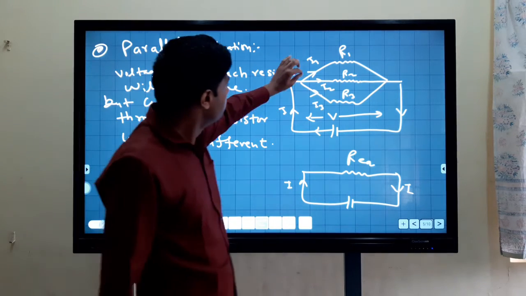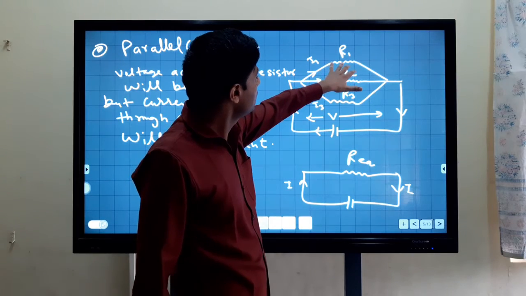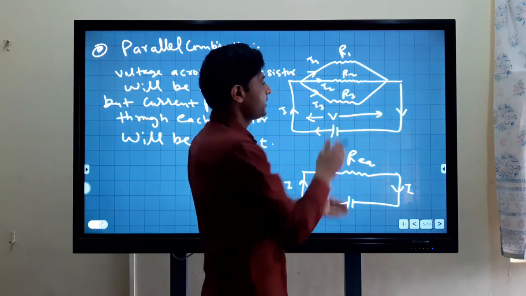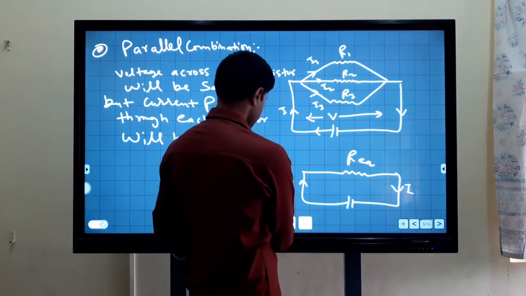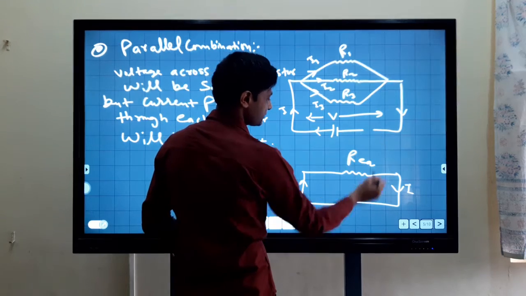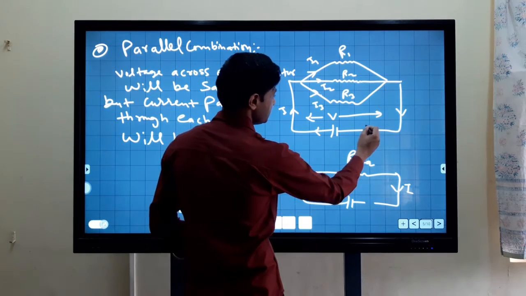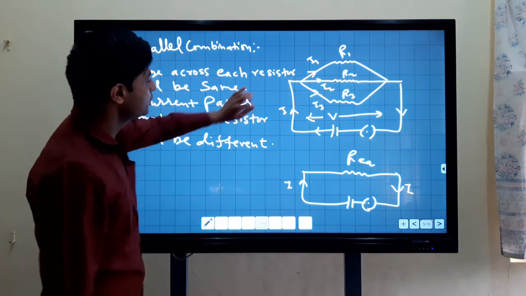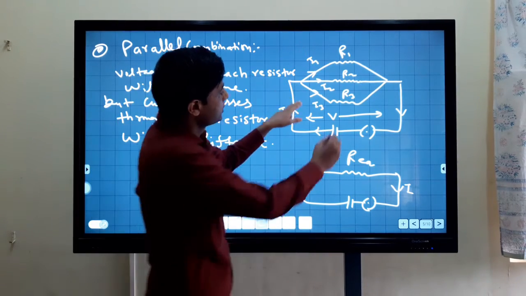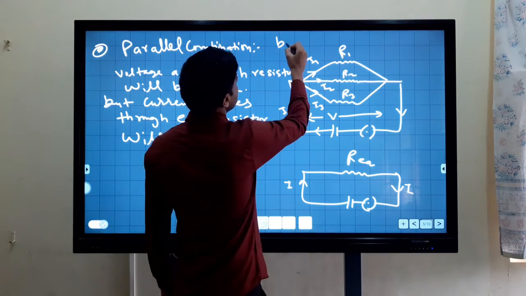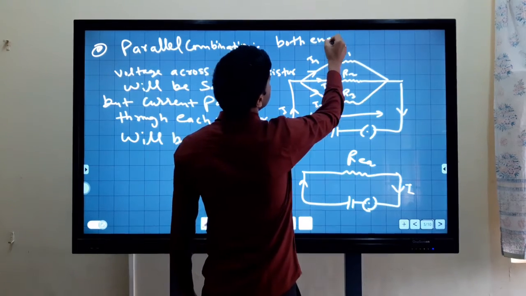It means both ends of each resistor are connected to the battery directly.